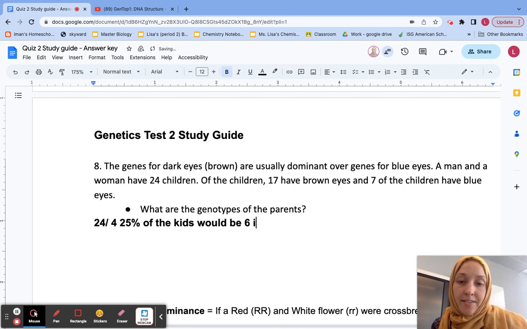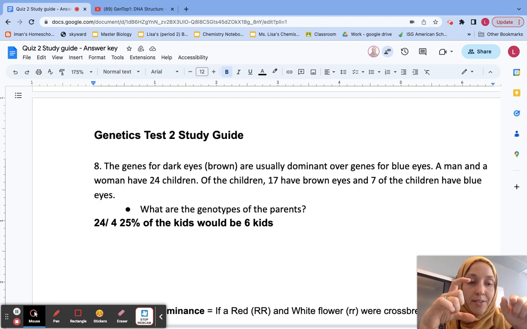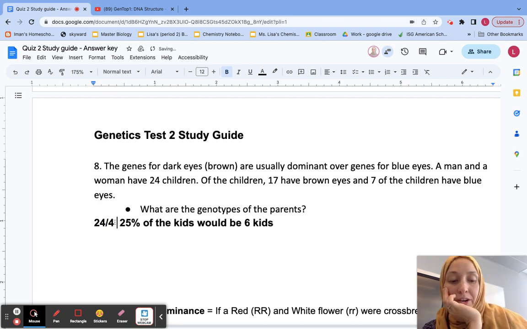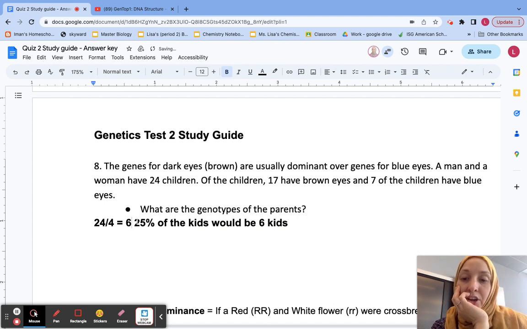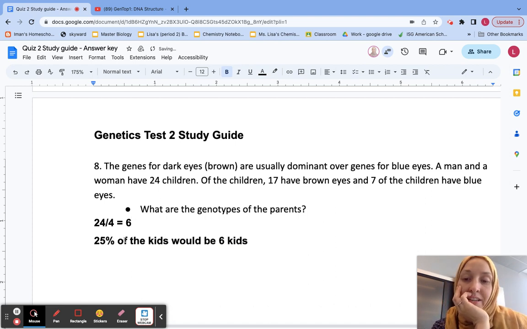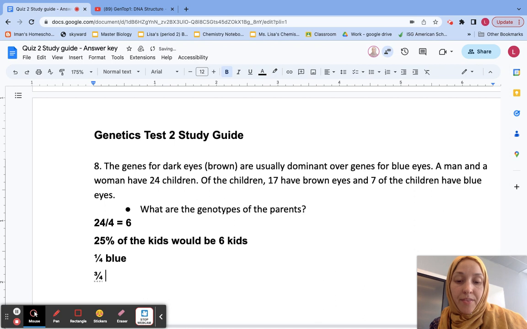Would be 6 kids. Okay, so I kind of think of it in 4s because our Punnett square is in 4s, right? So if they have 24 kids and we divide that by 4, it equals 6. Okay, so 25% is represented by 6 kids. So I'm going to say about 25% or 1/4 have blue eyes, and about 3/4 have brown.